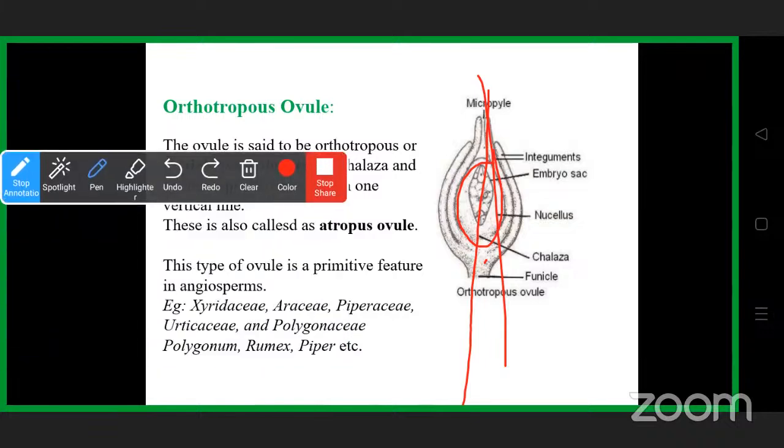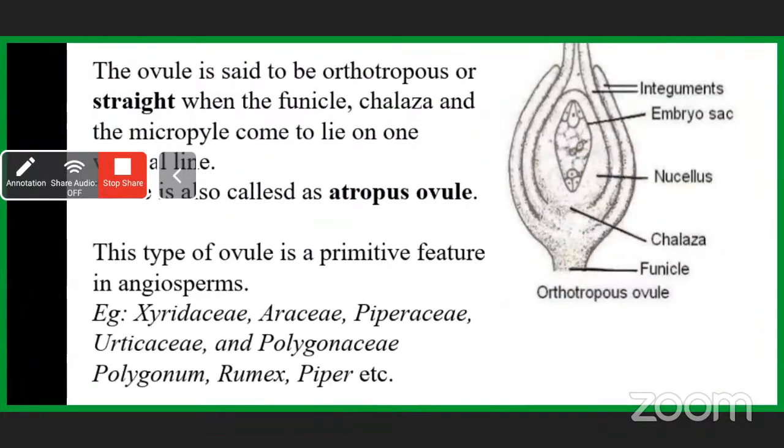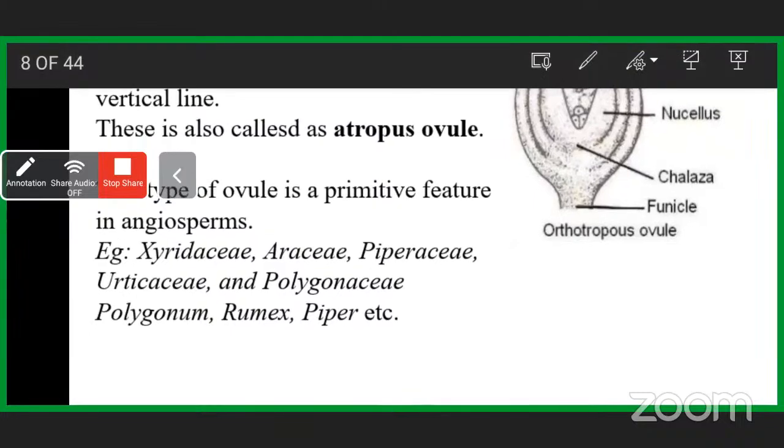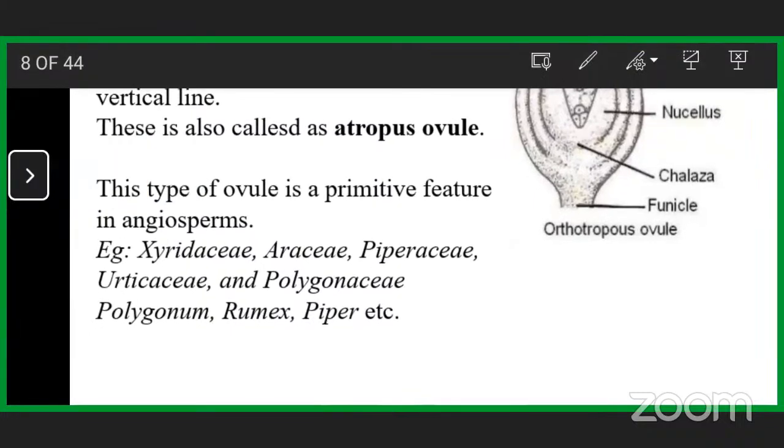These are there in Piperaceae, Urticaceae, Polygonaceae, especially Piperaceae and Polygonaceae.